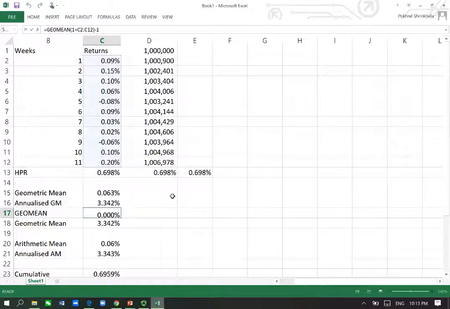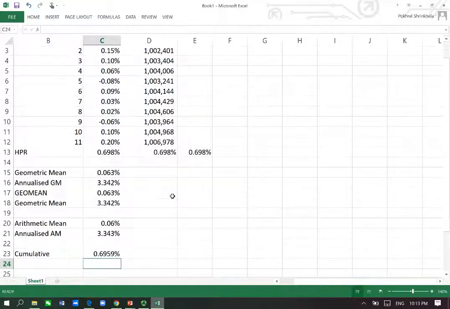And then we also talked about the differences between the arithmetic mean and the geometric mean, and in the last video we also talked about cumulative return.